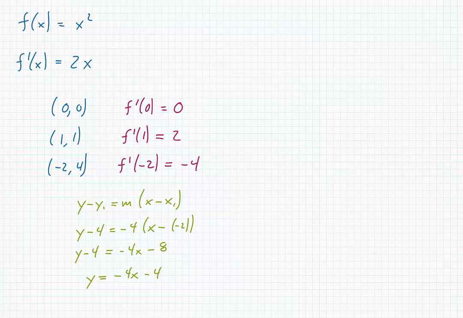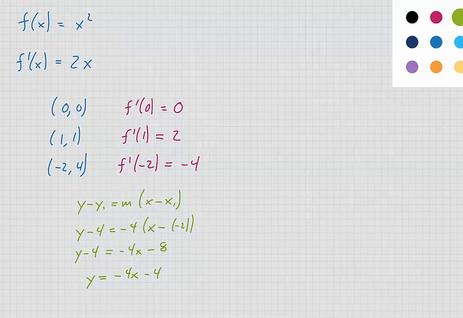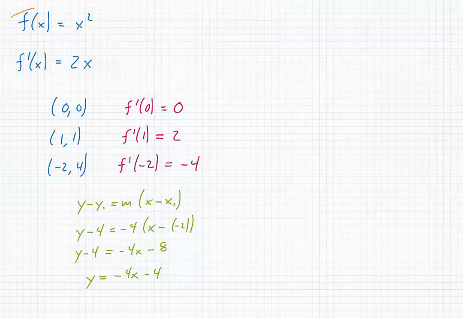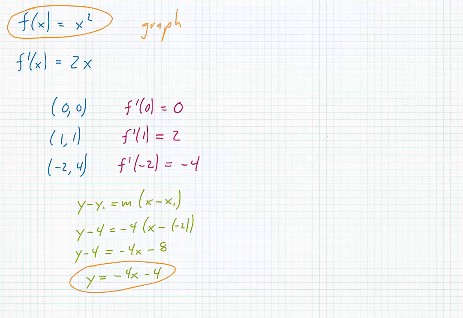Now what you should do is you should take this original function, f of x is equal to x squared, and graph it. Use your calculator. Go into y1 and put in x squared and graph it. And then in y2, go in and graph this function, y is equal to negative 4x minus 4.